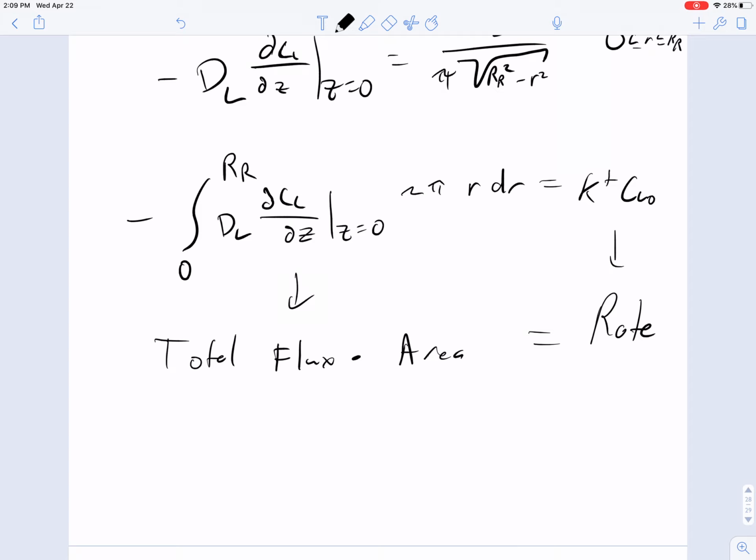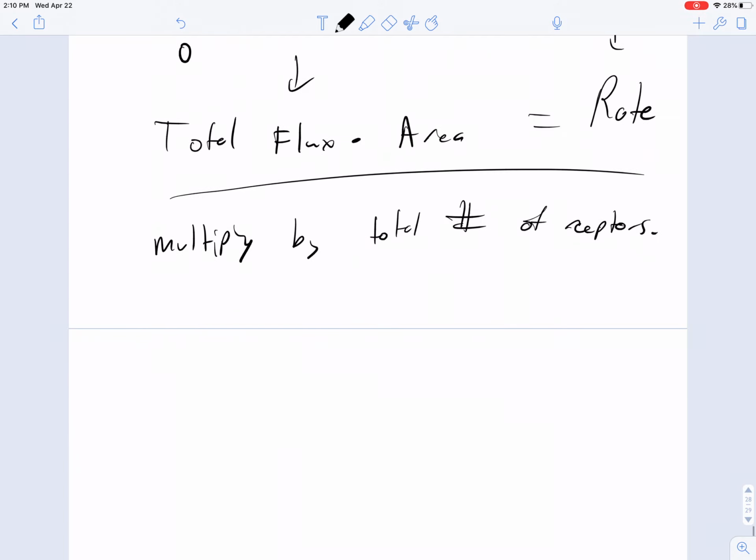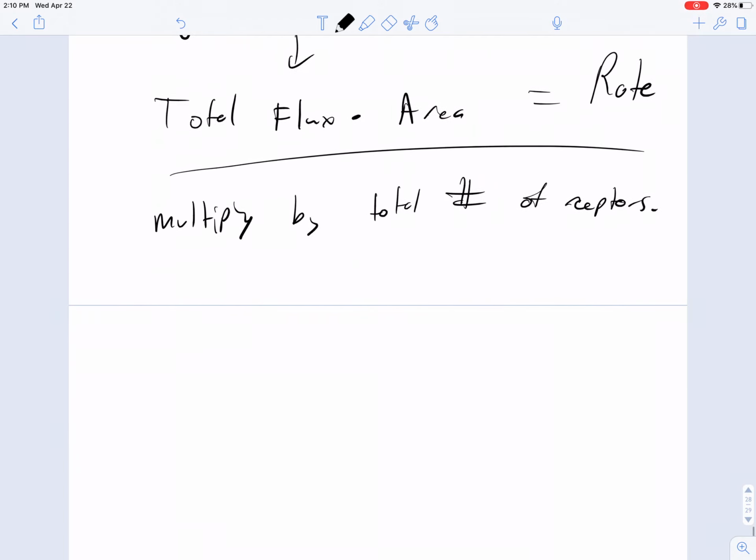So all of this comes to this. Then, once you do this for one receptor, you multiply by the total number of receptors.